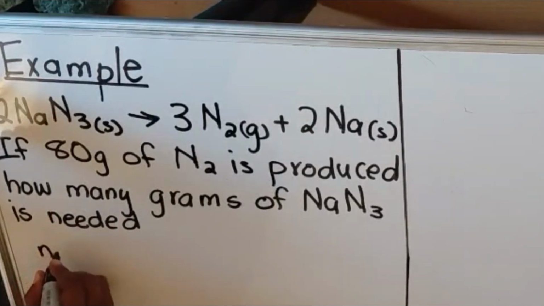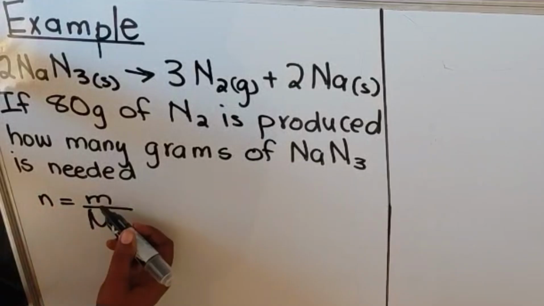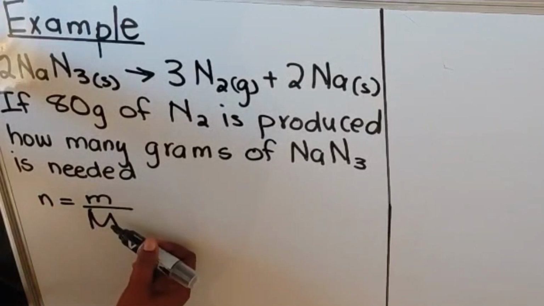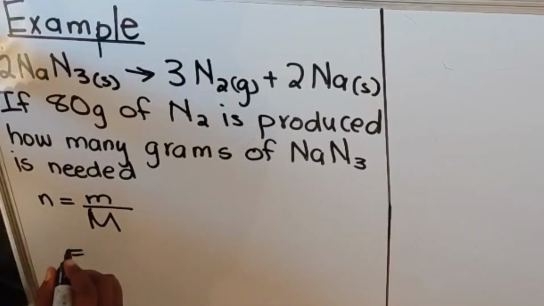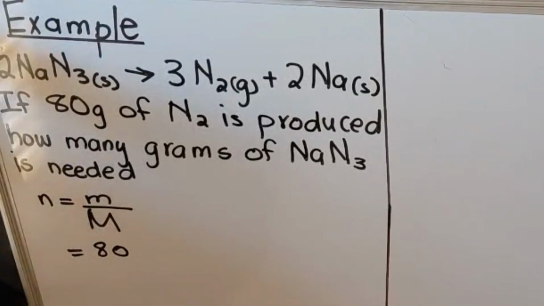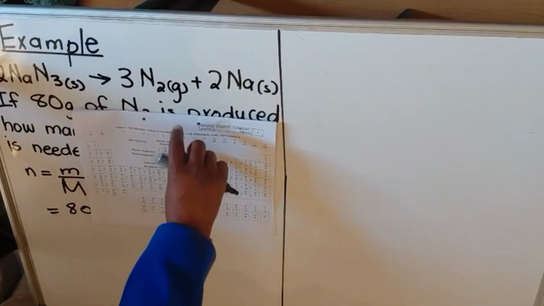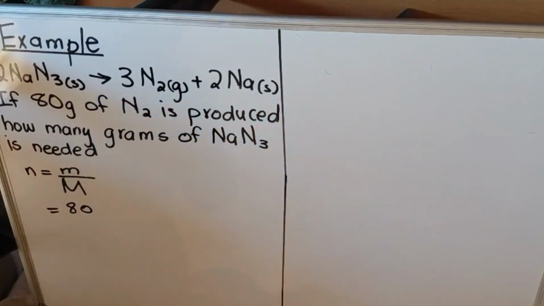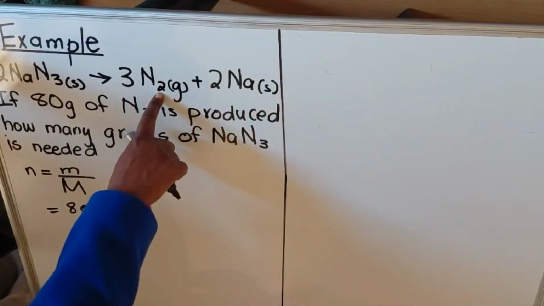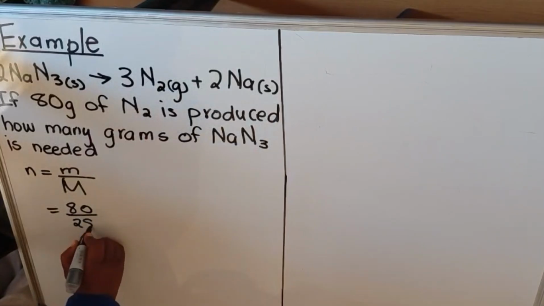The formula that we use is number of moles is equal to mass over molar mass. How much mass did they give us? 80. And then the molar mass, we find it in the periodic table. So you take your periodic table and look at nitrogen. This is the molar mass of nitrogen. But nitrogen is diatomic, meaning that there are 2 atoms of nitrogen, so it's 14 times 2, which gives 28.